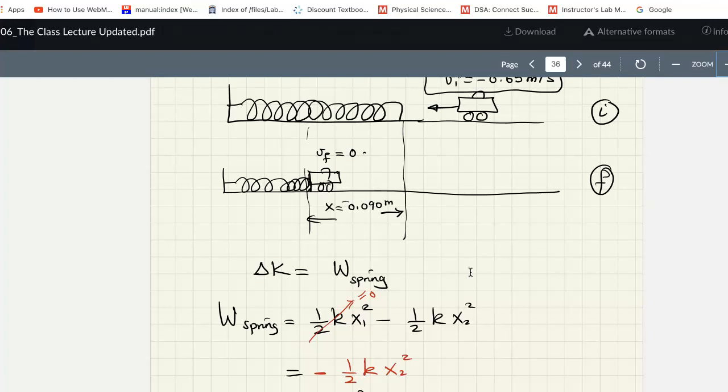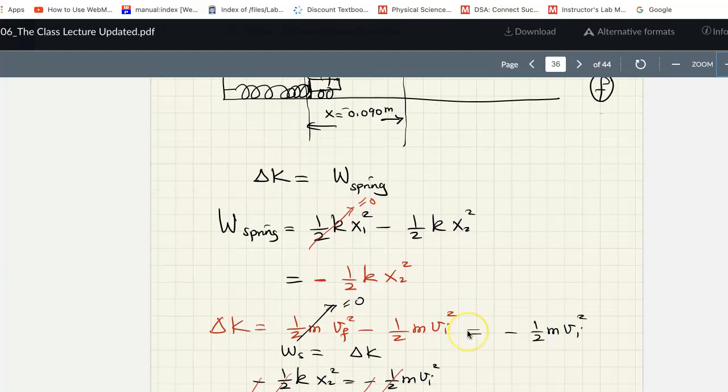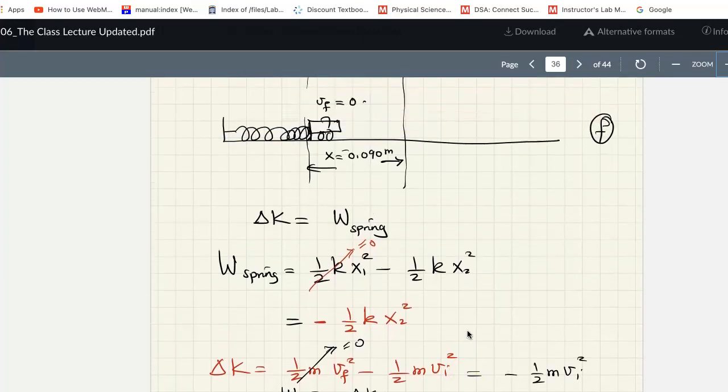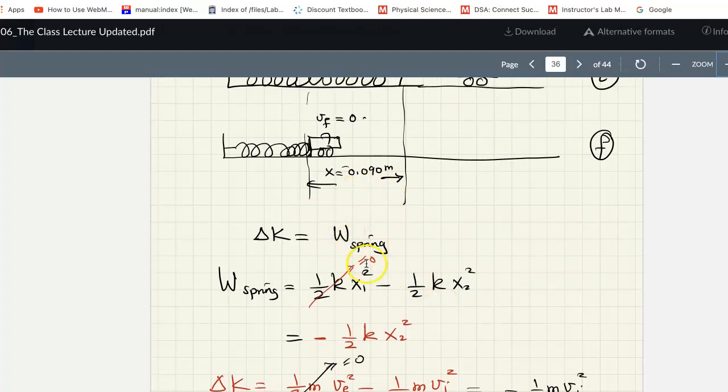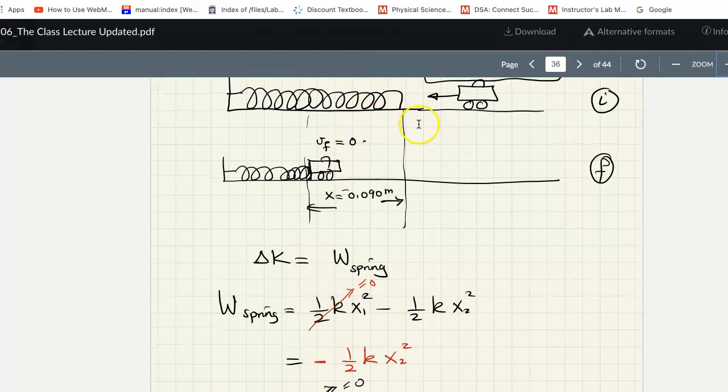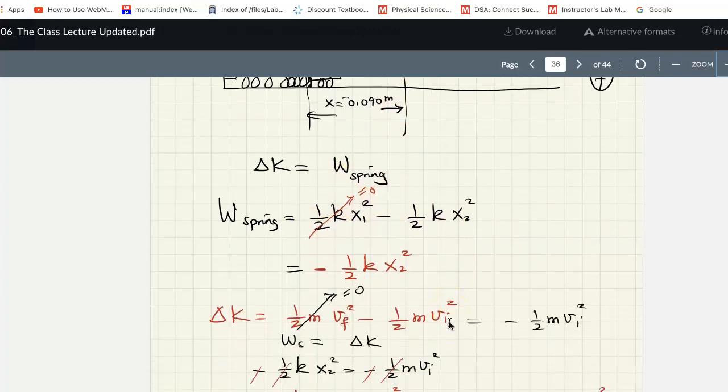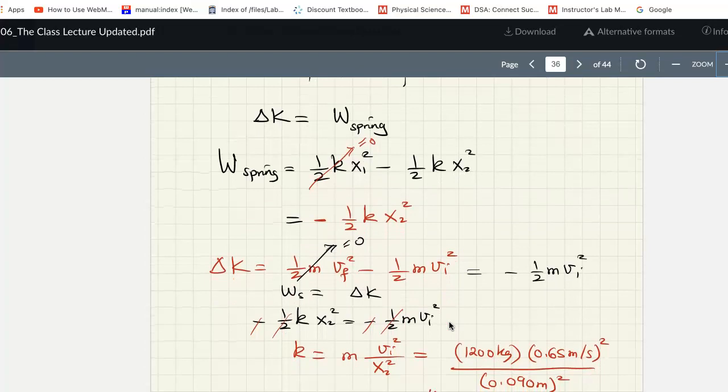Remember, finally the car is going to stop. I'm not talking about stationary. Initially the spring was at the equilibrium point, which is x1 equals 0. Therefore this is 0, and this one is 1/2 k x2 squared.